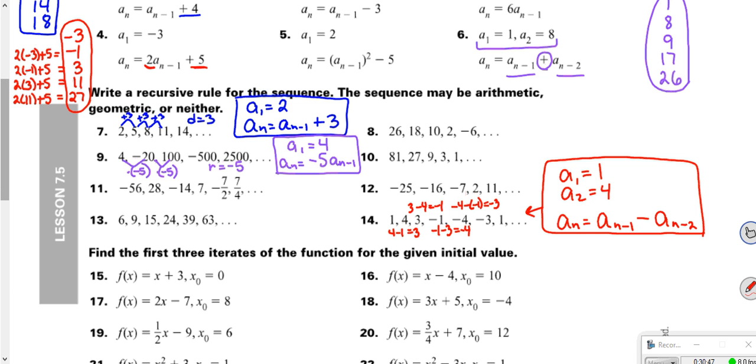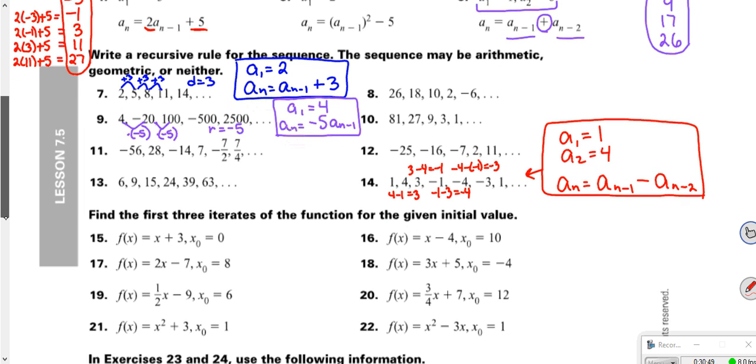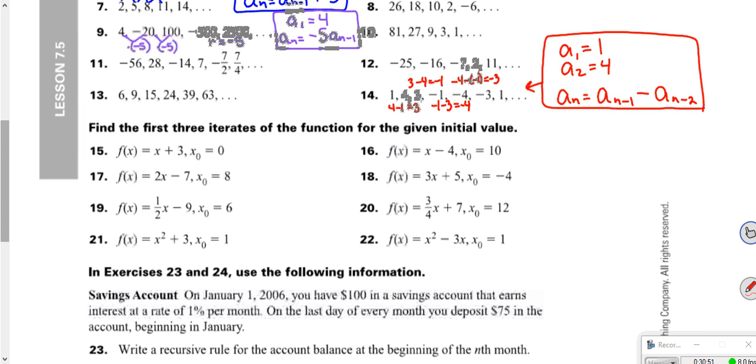Now, the next section, we didn't see any on the study guide written this way, but it's just another way of writing them. They're kind of using function notation, but it's still a recursive rule. I just wanted to make sure you all understood writing it this way.